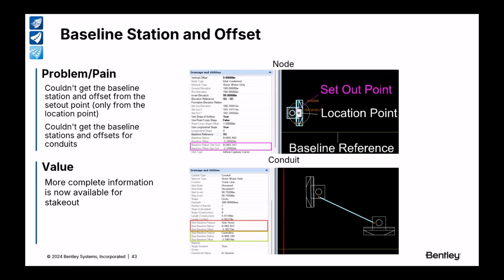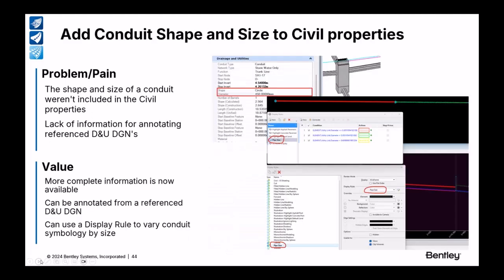Next slide, please, Dan. Thank you. So a little bit more actually on the civil properties on this slide, but possibly this one might even have wider implications. So we've added a bit more information into the civil property pane on the shape and dimensions of a conduit.